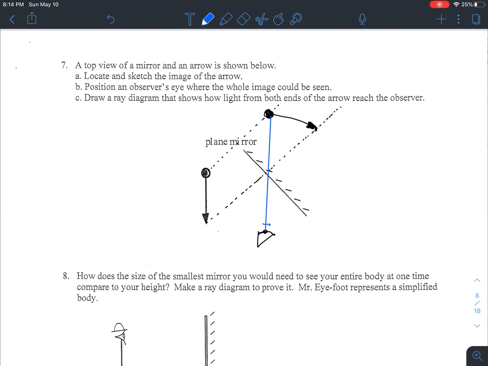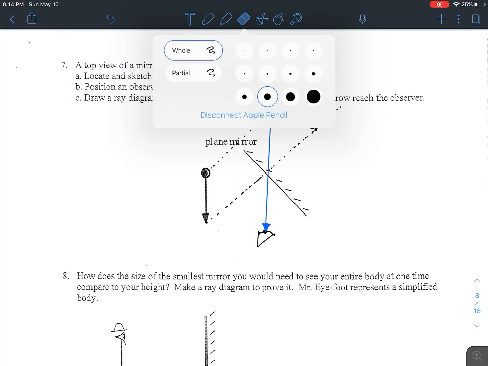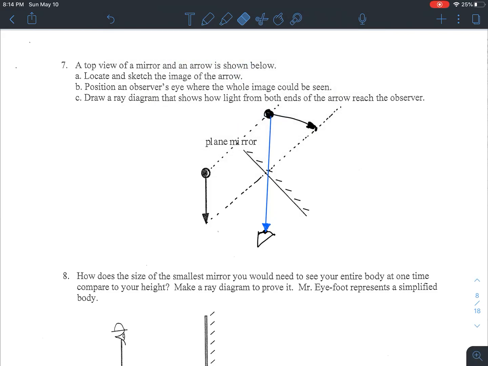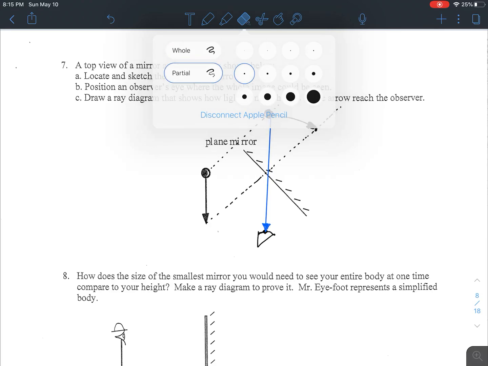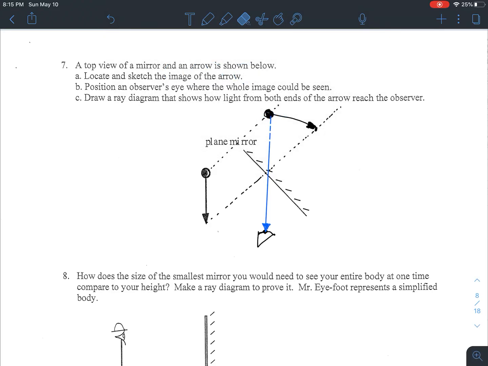You might not want to draw this yet, because that's just what my brain thinks. But the light's not really coming from behind the mirror. So I'm going to make that a dotted line, because dotted lines on ray diagrams show where the light appears to come from, or the virtual image.